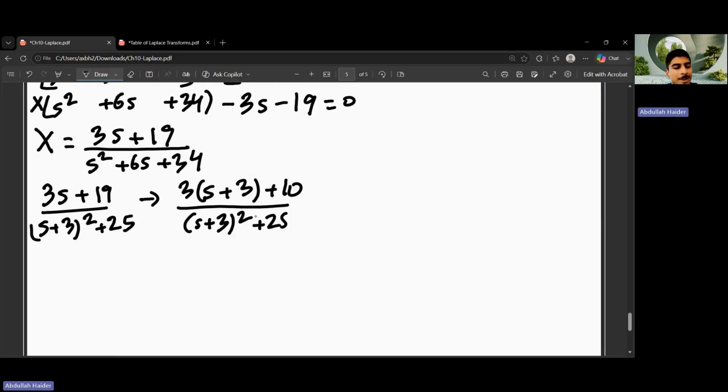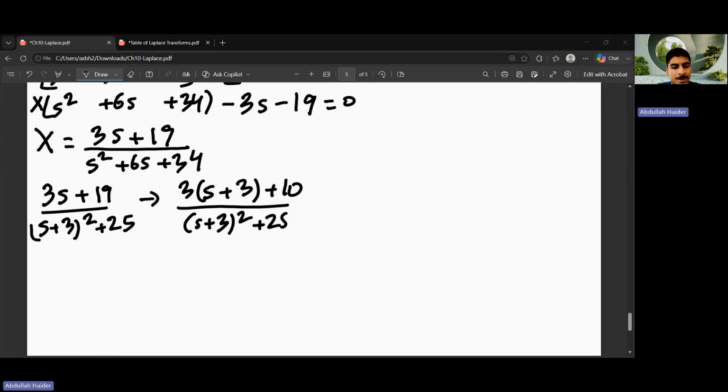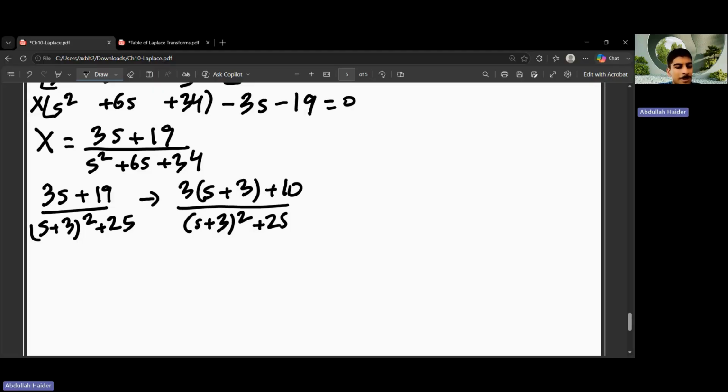Basically, what I want is to get an s plus 3 in the numerator so that I can cancel it out and make things much easier. If you don't understand how to do this, I'll give one more example in a future question. For now, let's deal with this.